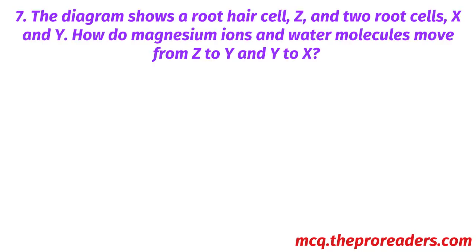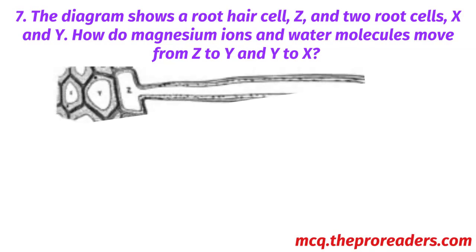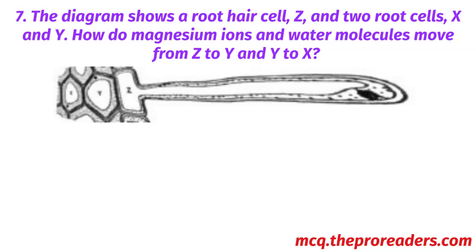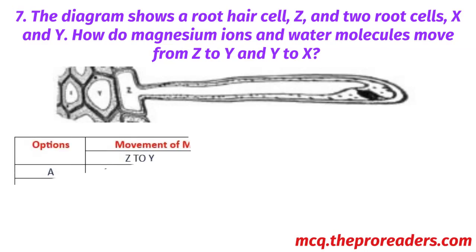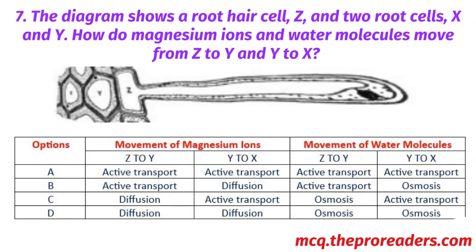The diagram shows a root hair cell Z and two root cells X and Y. How do magnesium ions and water molecules move from Z to Y and Y to X? Movement of magnesium ions, movement of water molecules. Z to Y, Y to X, Z to Y, Y to X. Active transport, active transport, active transport, active transport.